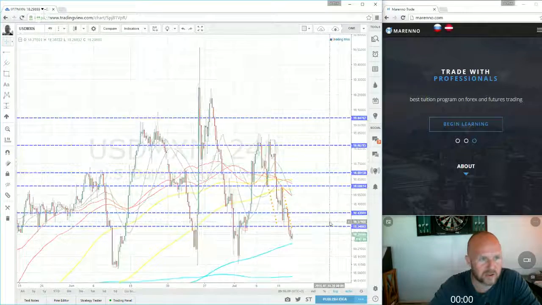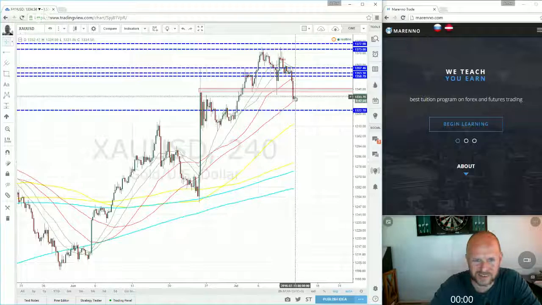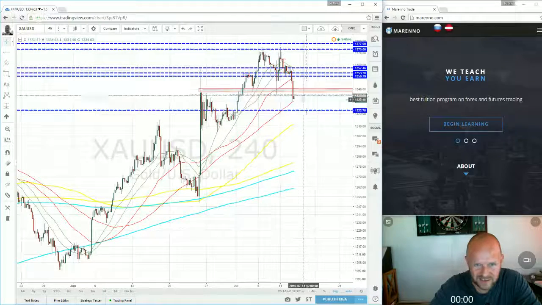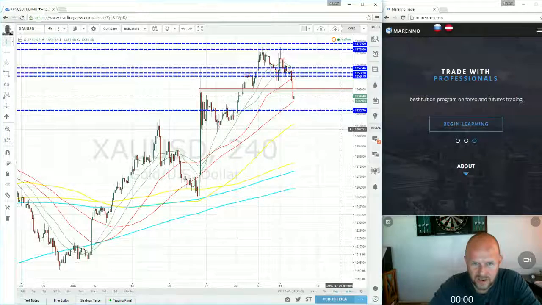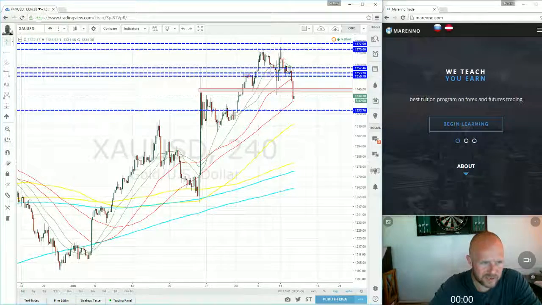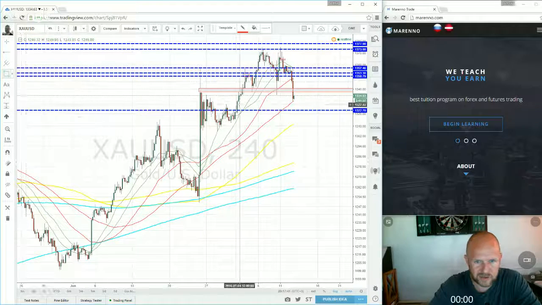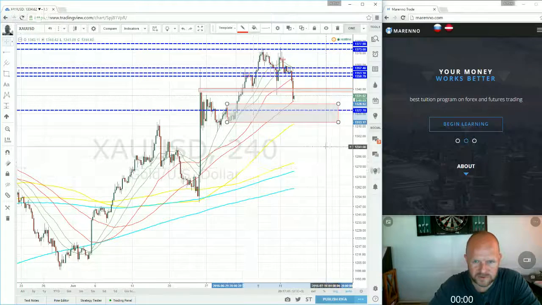Okay, so it's gold. Nice, very nice. Gold is going down closer and closer to 1322.70. I would say that it's not a level here but an area, and I will place an area like this. Hopefully you will understand why.